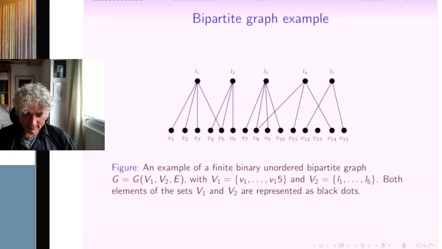That is, this element V1 of the set capital V1 is actually an element of a set represented by a vertex in V2. So L1 is an element of V2, but it is also at the same time a set.